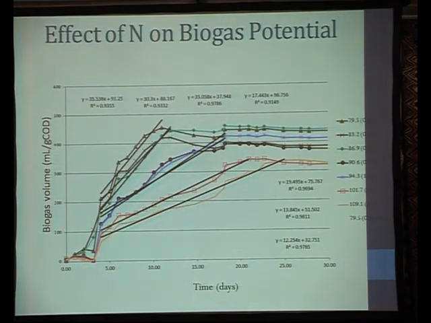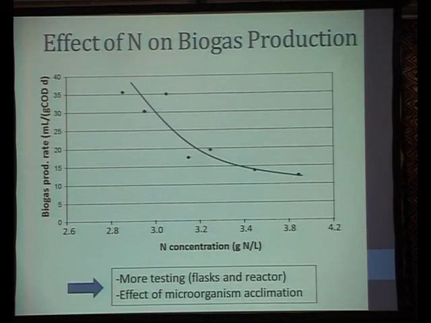That's something that we are following. We are investigating, of course, the effect of nitrogen in our system, and we're doing here a series of biogas potential tests at different nitrogen concentrations. And those black lines are the trend lines, the slope from which we can derive some rates. And if we plot those rates as a function of the nitrogen concentration, we see a trend here.